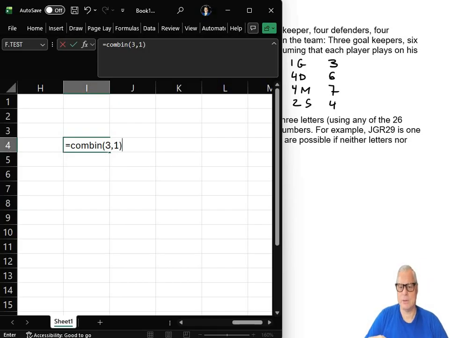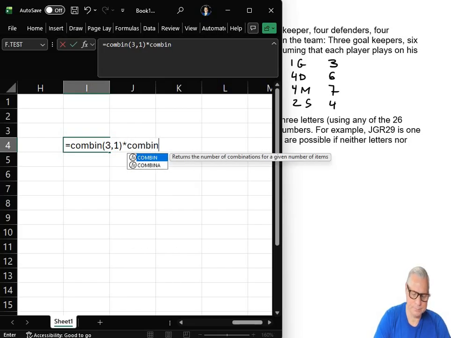But now we also need to choose the defense, the midfield, and the strikers. This is basically the multiplication rule, because it's goalie and defense and midfield and offense, so times combine.